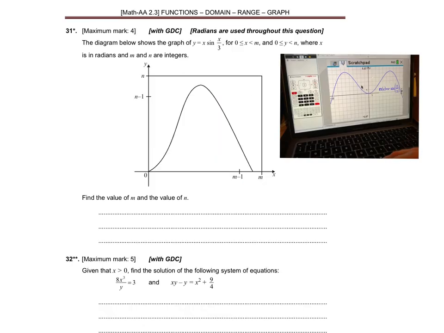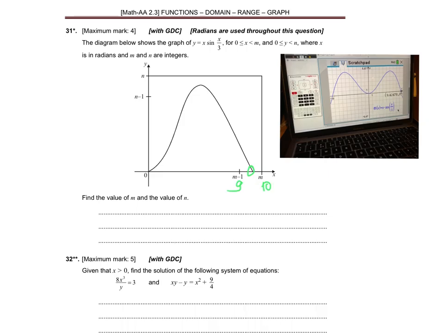Okay, so I've already got this thing in the graph, and we know this, well, it's very clear to see. This is this thing, okay? So we just need to find that 0, which is 9.42, so that means m is 10.